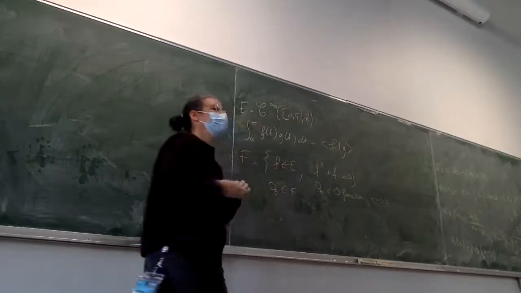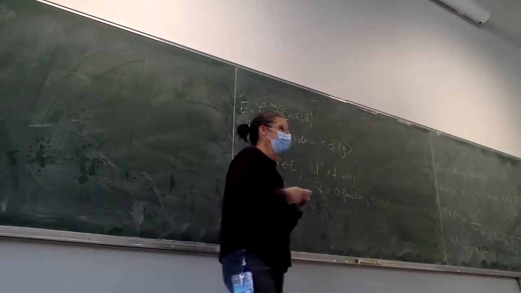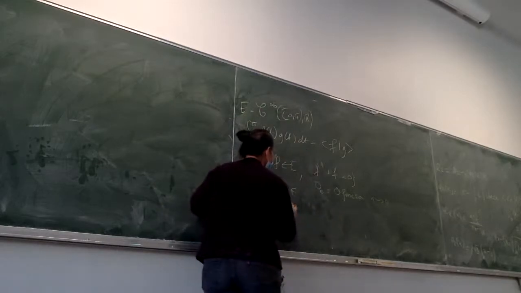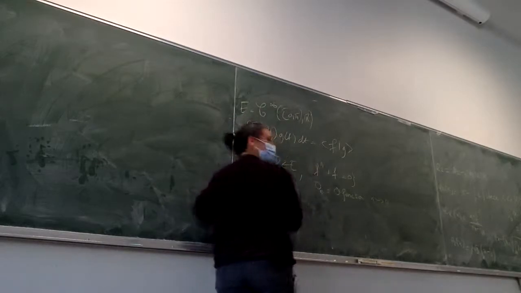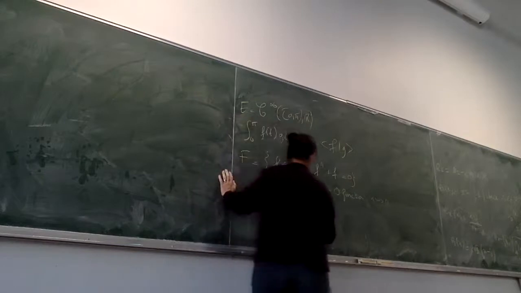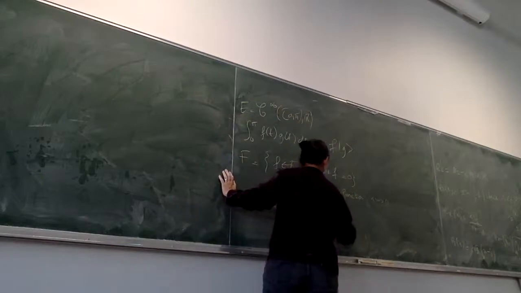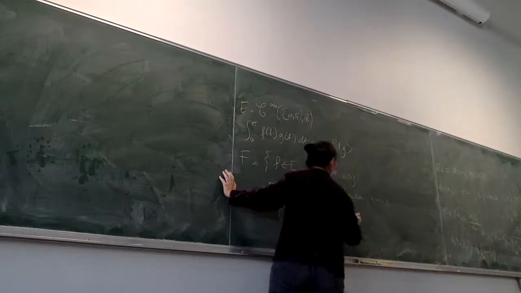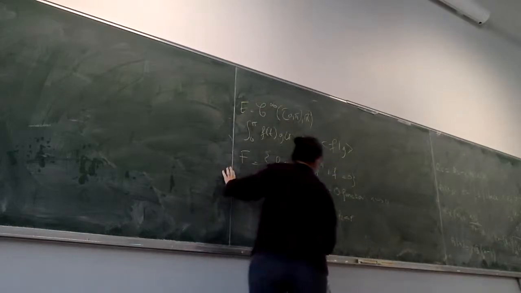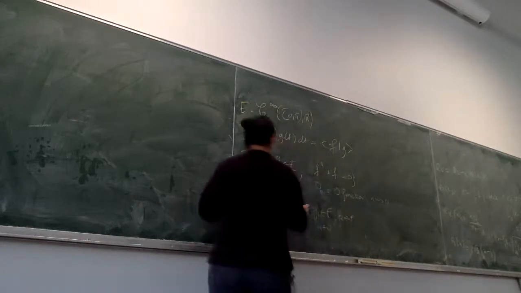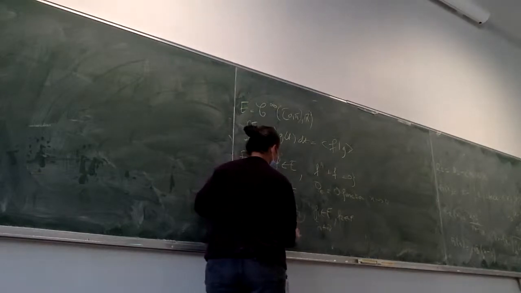Then, next, lambda f1 plus f2, assuming f1 is in F, f2 is in F, lambda is in R. Do we have that lambda f1 plus f2 belongs to it? Of course.